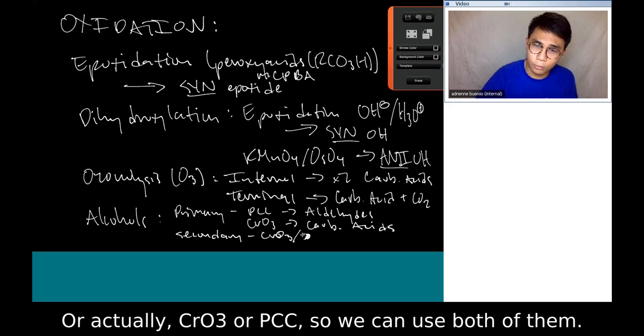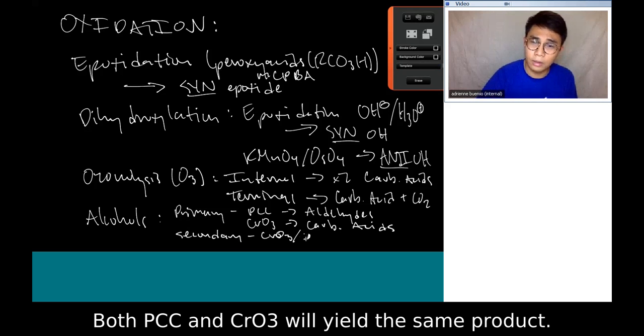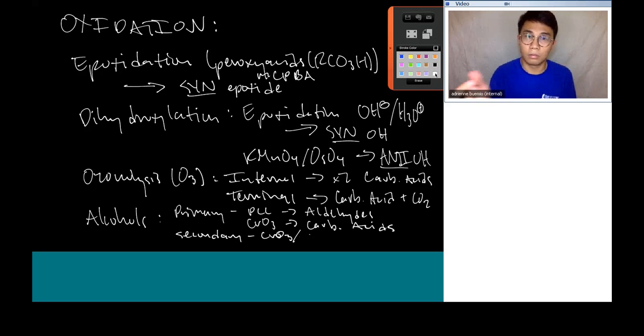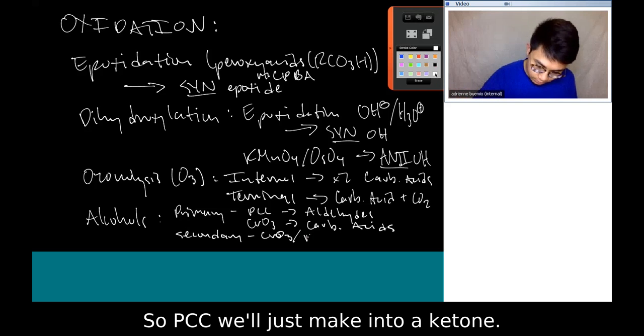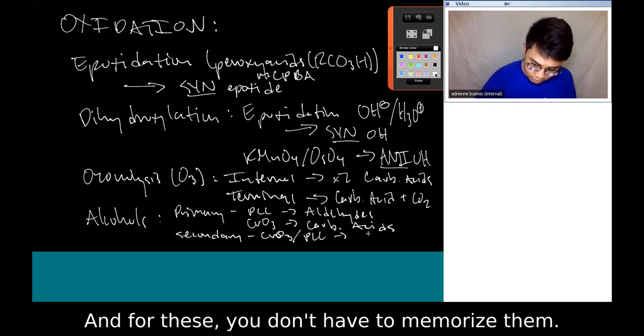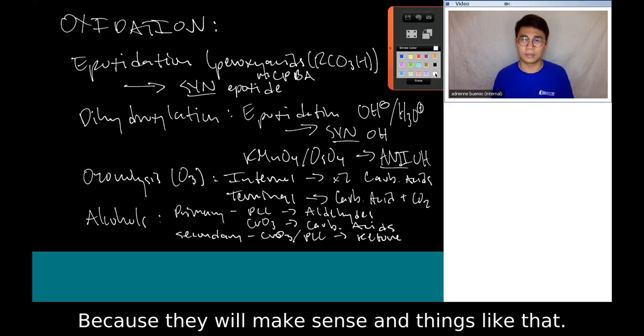Okay, so we can use both. Both PCC and CrO3 will yield the same product. So PCC will just make it into ketone. And for these, you don't have to memorize them, right? Because they'll make sense and things like that.